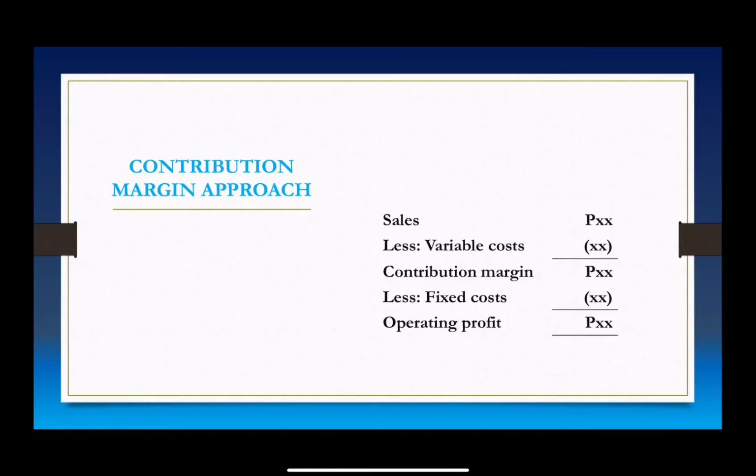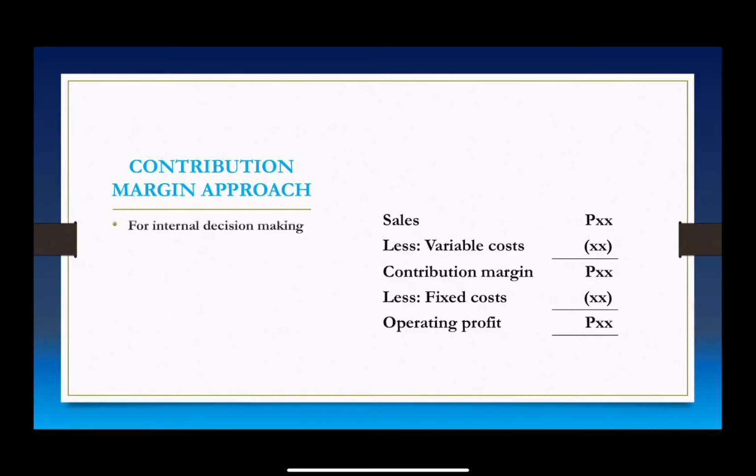CVP analysis uses the contribution margin approach, the one that we used in variable costing. The contribution margin income statement is used only for internal decision making because this is not PFRS compliant.